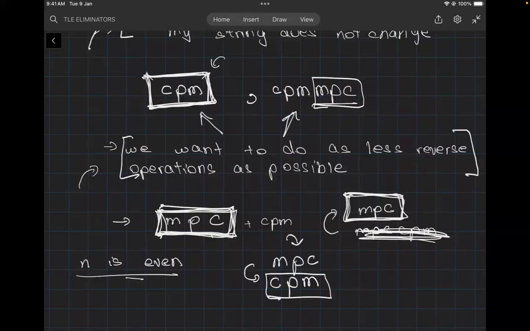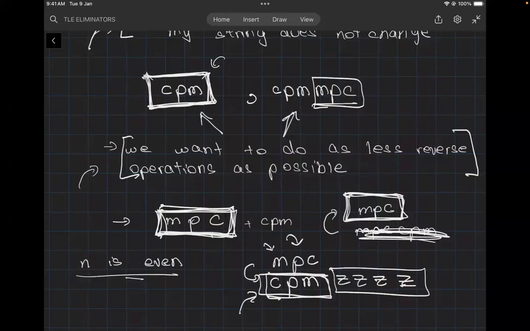If CPM is smaller than MPC, then even if I add any number of characters to the right of it, CPM is still going to be the smaller string. It does not matter what characters I add at the end. Is this much clear, guys?